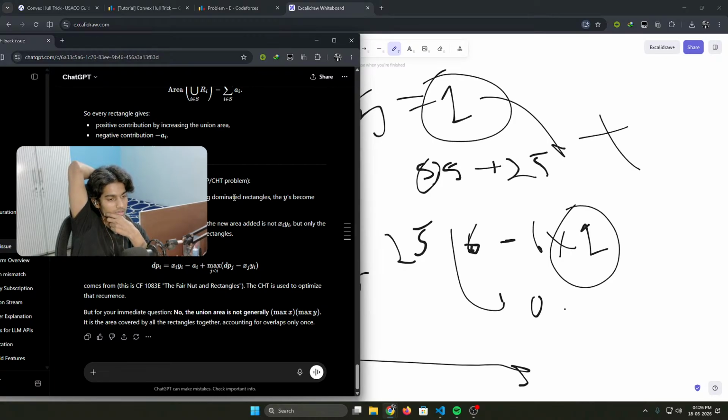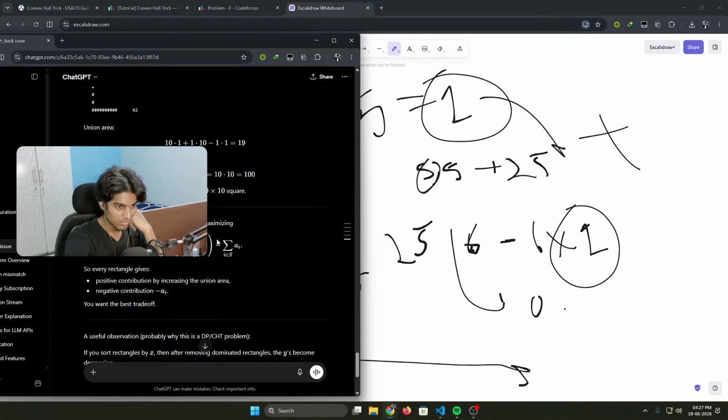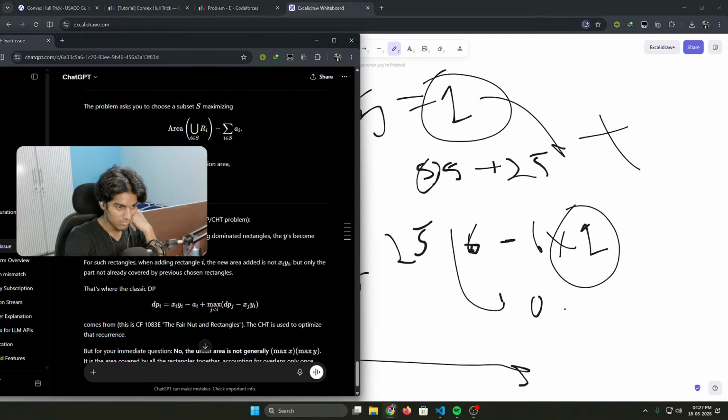Okay, so it's... wait, what? And after removing dominated rectangles.